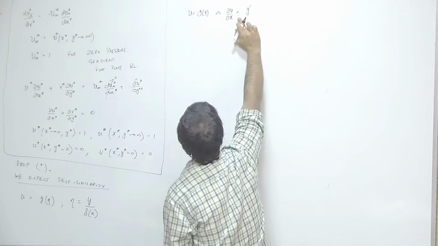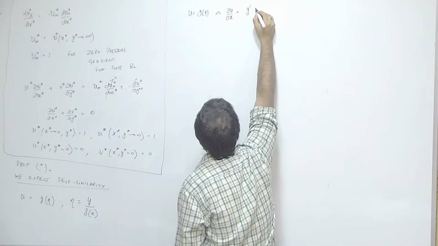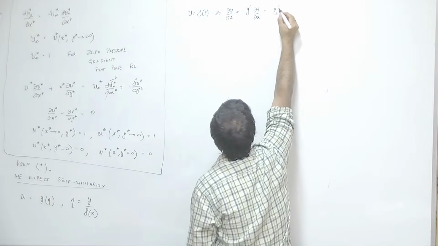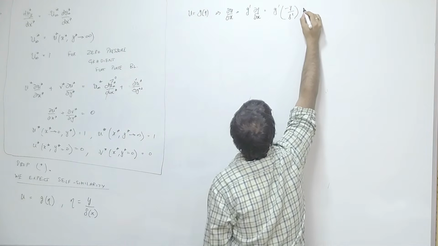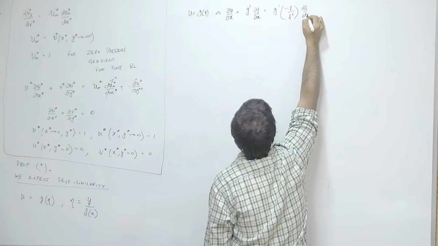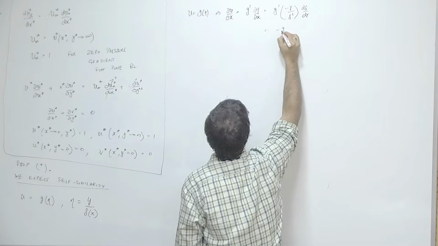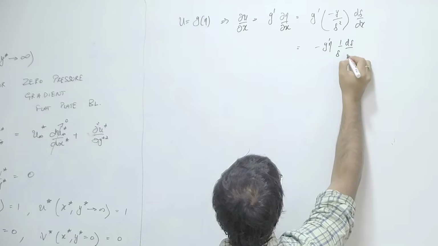So del u by del x is g prime times del eta over del x, which is g prime times minus y over delta square d delta over dx. I can also write it as minus g prime eta 1 by delta d delta over dx.